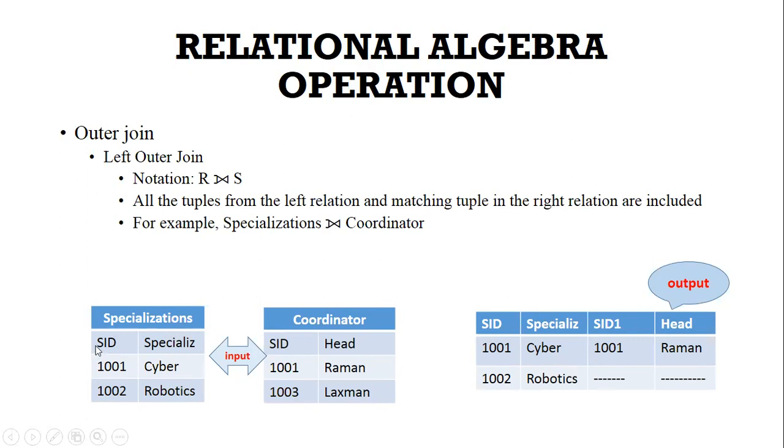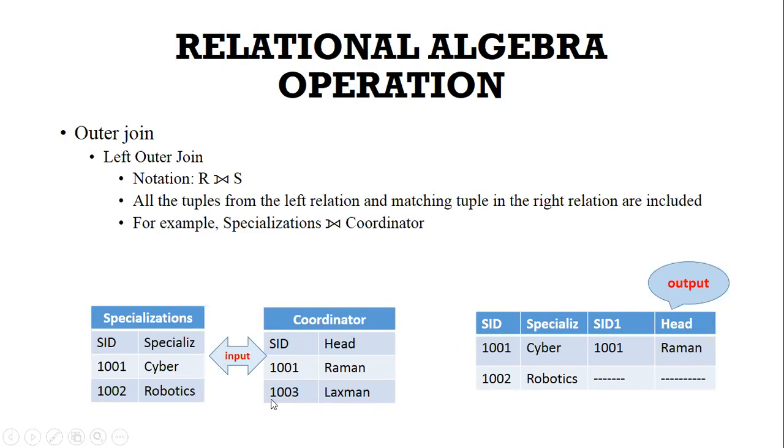So you can see here SID is the common attribute. In the SID of the specialization table, it has 1001 and 1002. So that is mentioned here, and the specialization attribute that contains cyber and robotics will be included. On the right hand side, the SID contains only 1001. 1002 is not present.